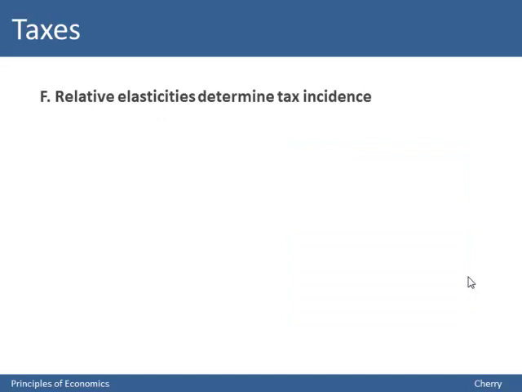The relative elasticity determines tax incidence. Now, if you think back at our example with the Coke and the Pepsi, one of the key determinants in those two examples is how easily the buyer could avoid that tax. If you recall elasticities, that's really what elasticity is. One of the determinants of elasticity was the availability of close substitutes.